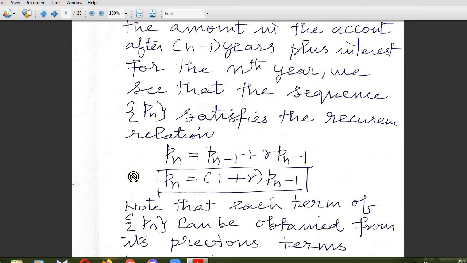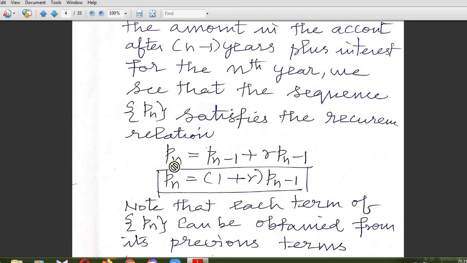Pn, the next year's amount, would be equal to the previous year's amount plus the interest on the previous amount. Adding these two, you will get the total amount of that particular year, the nth year.